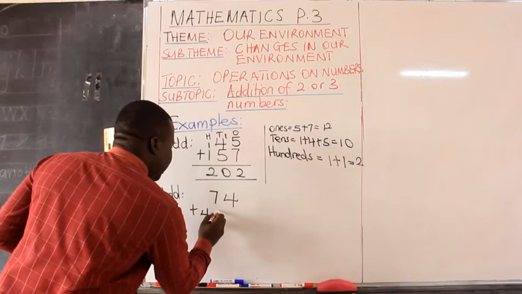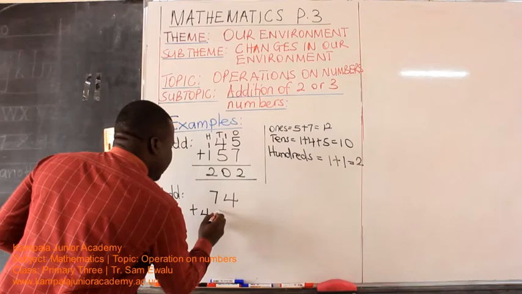So we shall first begin by adding the numbers in the ones place value, 7 plus 5, which gives us 12. So this 12 forms 2 digits, but one of them is under ones and it is 2. So 2 will be placed under ones and 1 will be moved to the tens place value.